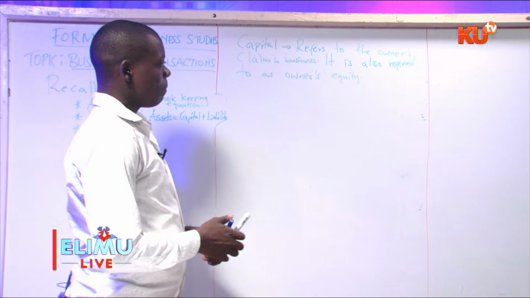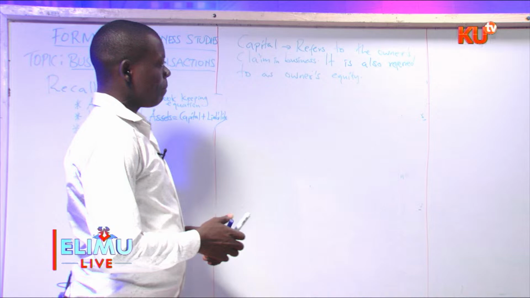Therefore, if I want to attain the new capital, I will have to take the initial capital, then I subtract the drawings. That is how I will attain the new capital. Take the initial capital minus the drawings.